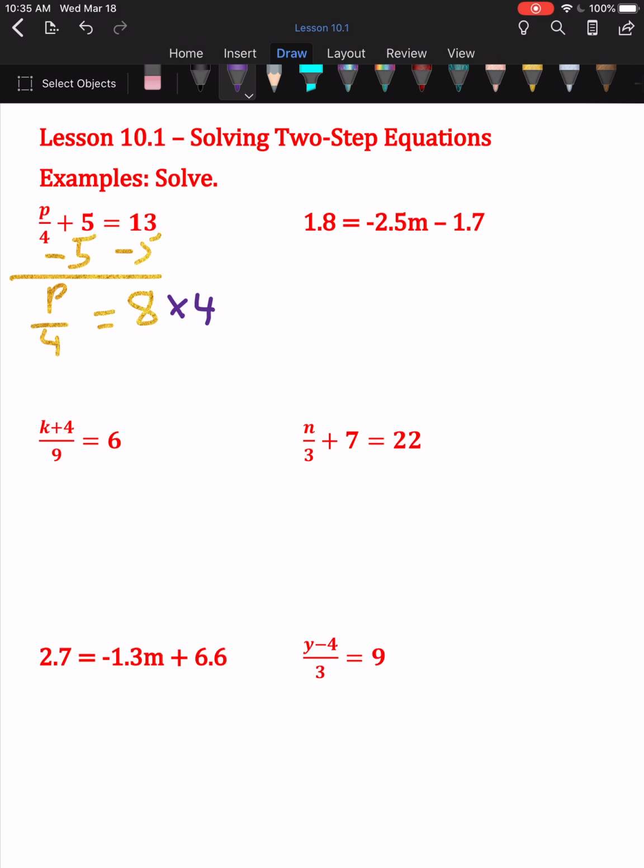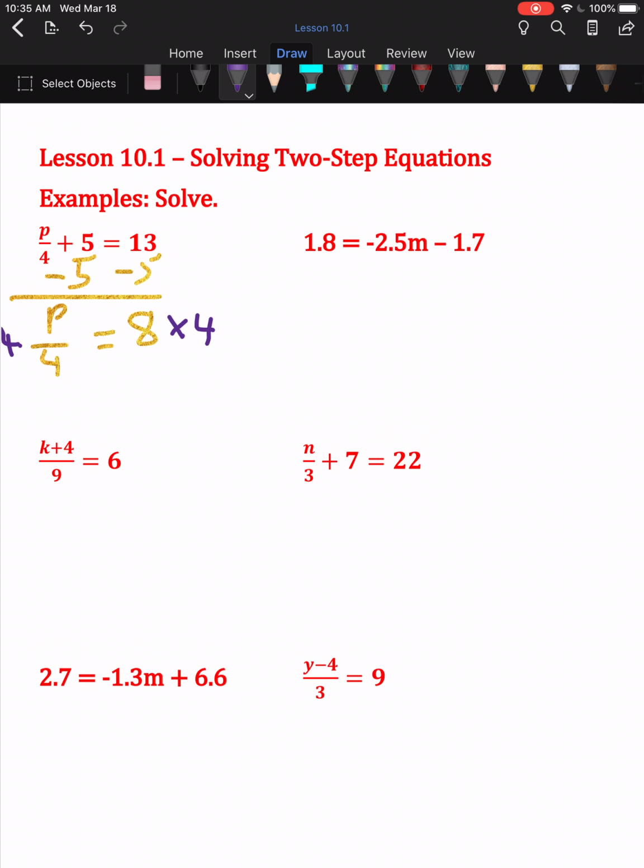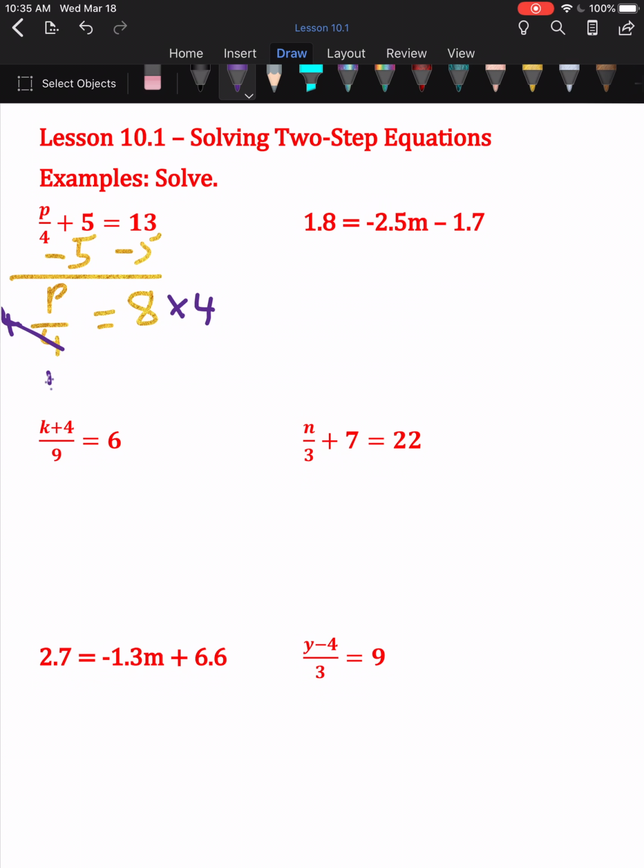On the left side, the 4's cancel. P is equal to 8 times 4 is 32. All we're doing here, guys, is adding and subtracting and multiplying or dividing. It's just a matter of doing it in the right order.